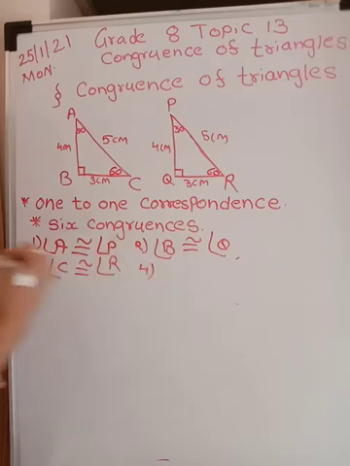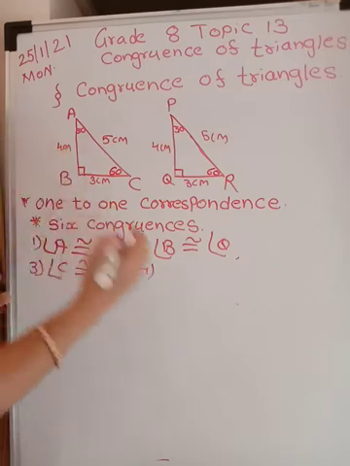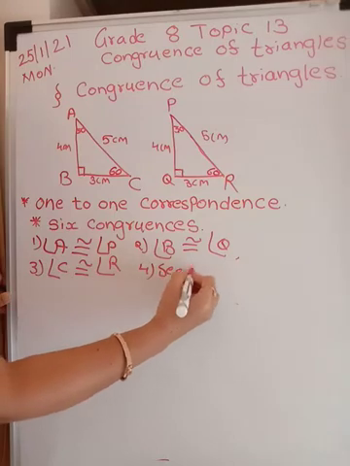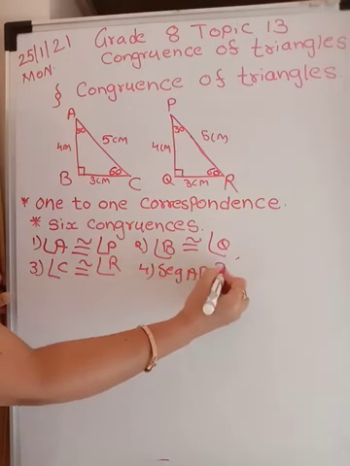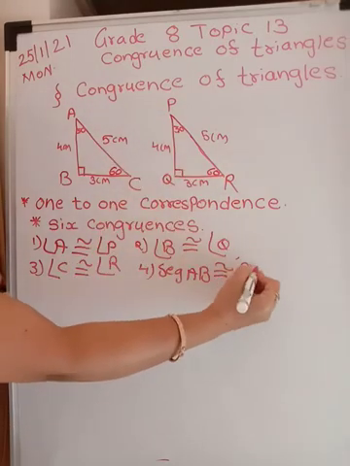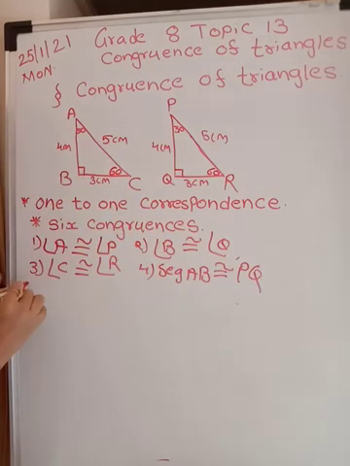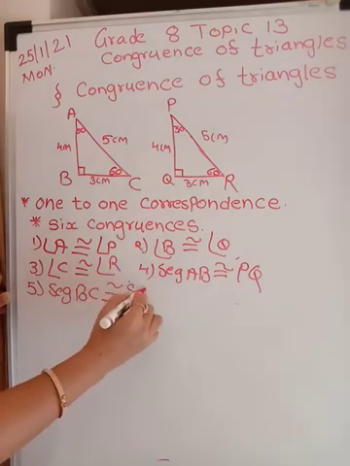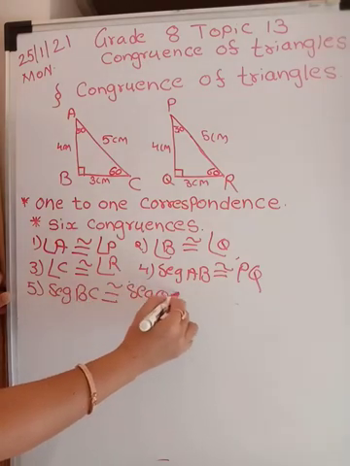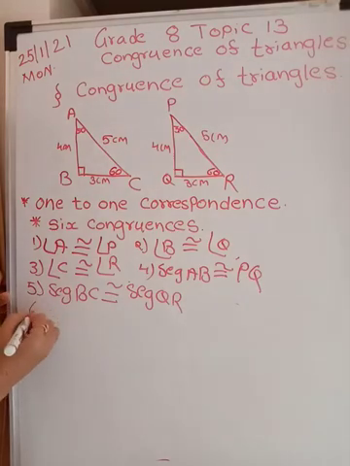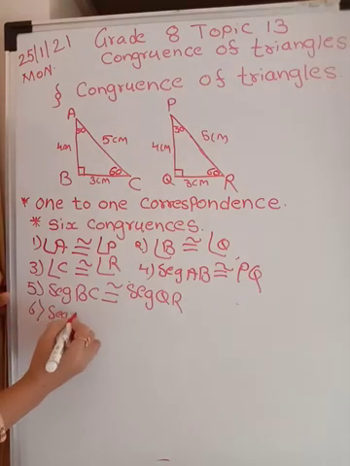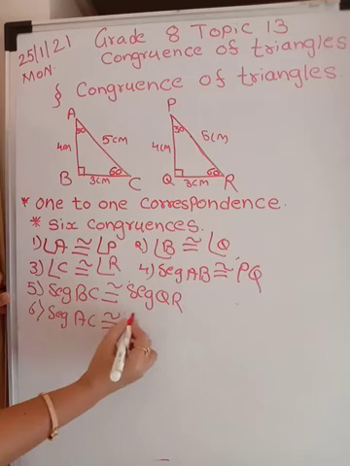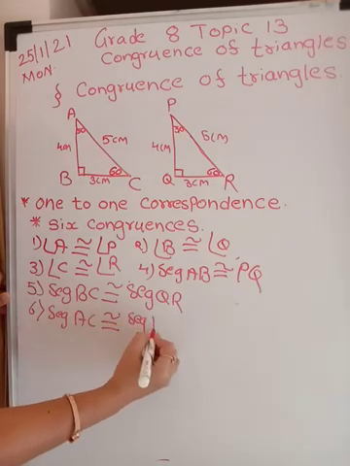Now the fourth is related to sides, the remaining 3. Segment AB is congruent to segment PQ. Segment BC, this is the fifth one, is congruent to segment QR, 3 and 3. And the sixth one is segment AC is congruent to segment PR.